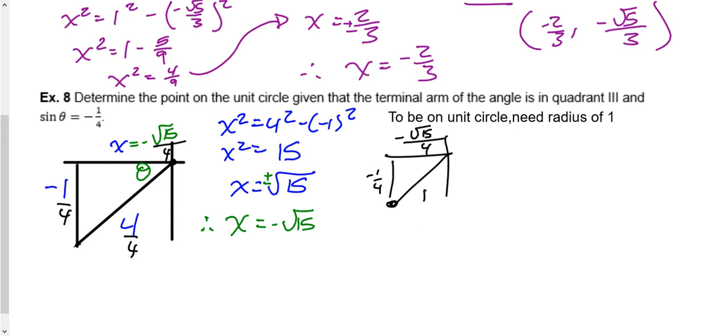This would be the point there, point P, let's just label it. Then point P would be equal to our x value, which is negative root 15 over 4, and our y value, which is negative 1 over 4. And there we go, that's our coordinate for this one. If you have any questions, please feel free to ask.